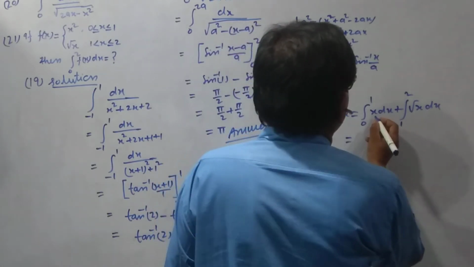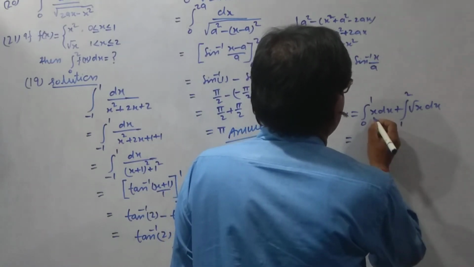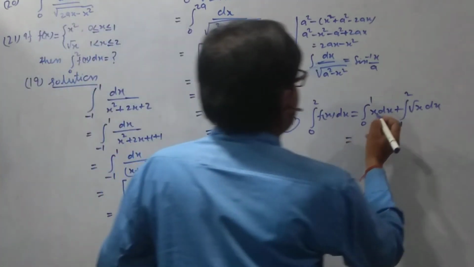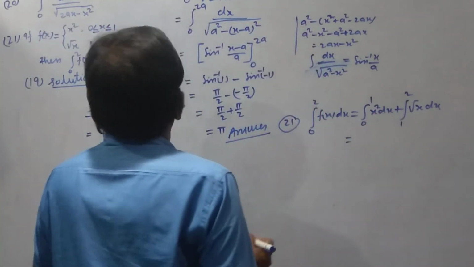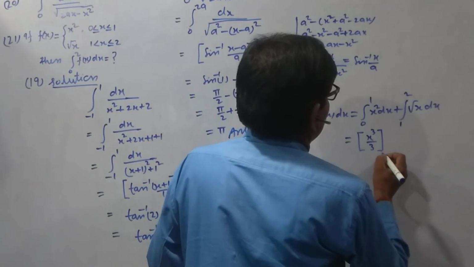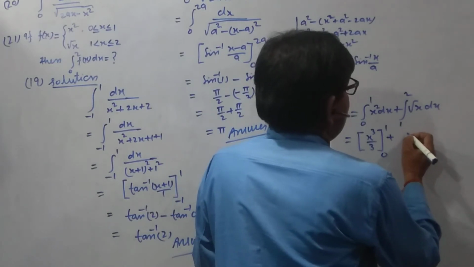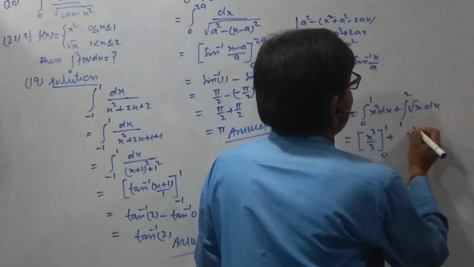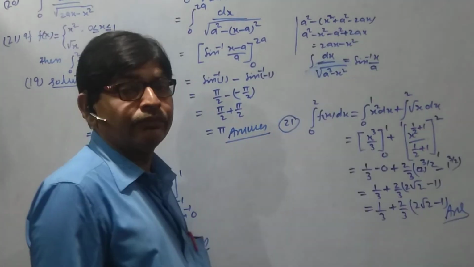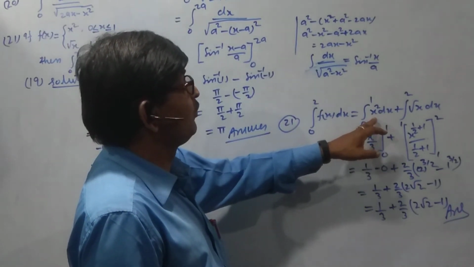Now the integration of x to the power n is equal to x to the power n plus 1 divided by n plus 1.